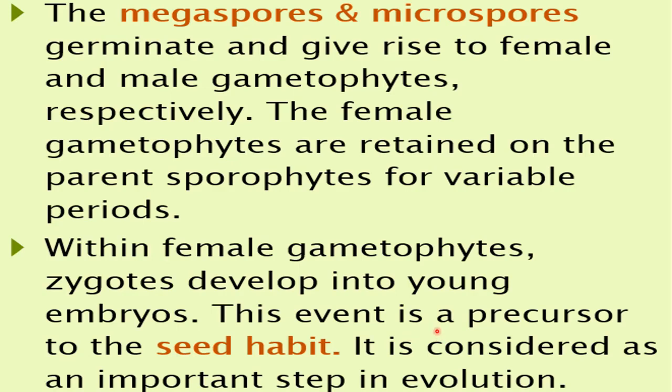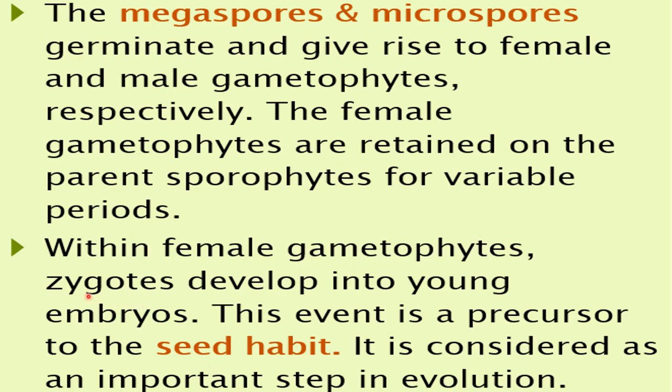Up to here seeds are not present, but this event can be called a precursor of the seed habit, meaning the plant is moving towards a habit of forming seeds. Okay, where is the seed formed? In gymnosperms, the seed is formed inside the female sex organ, right?